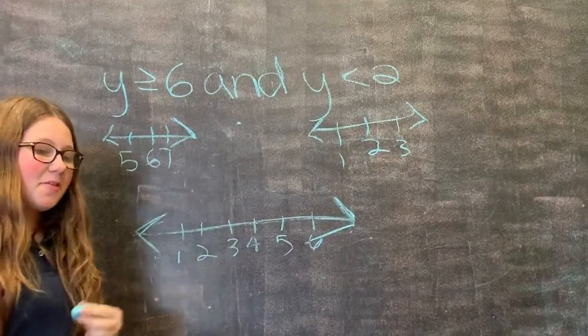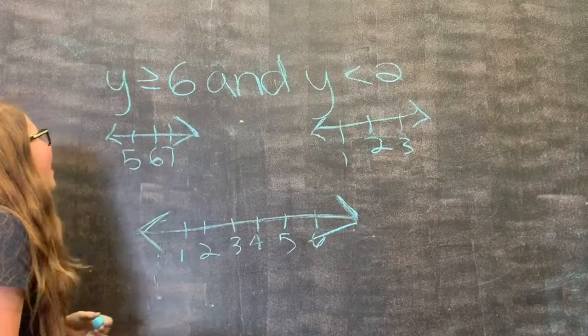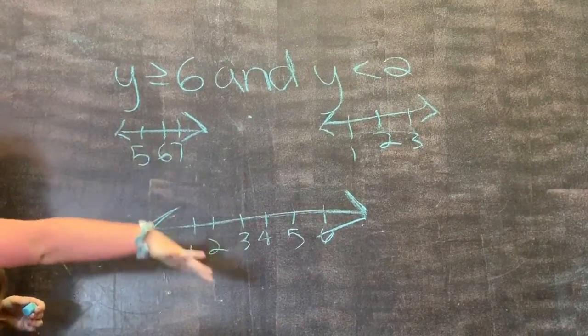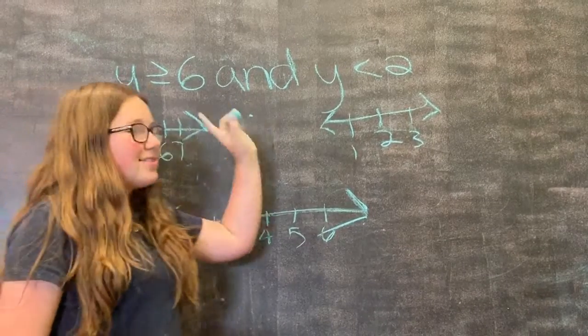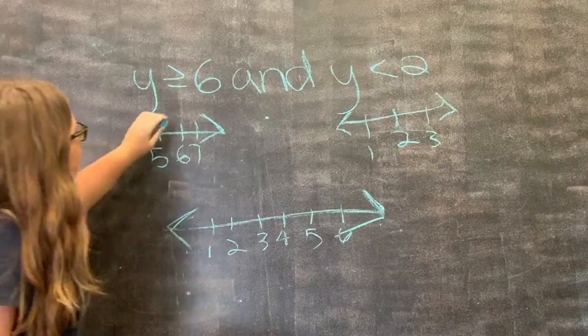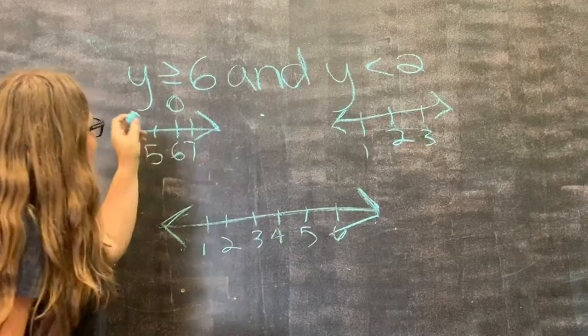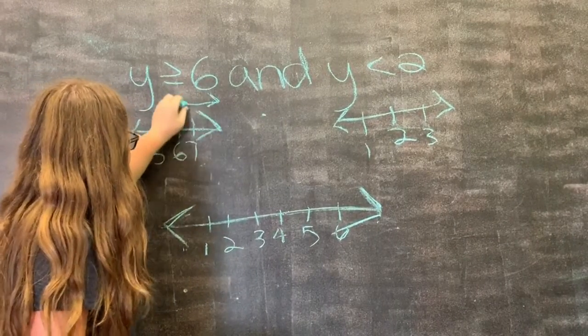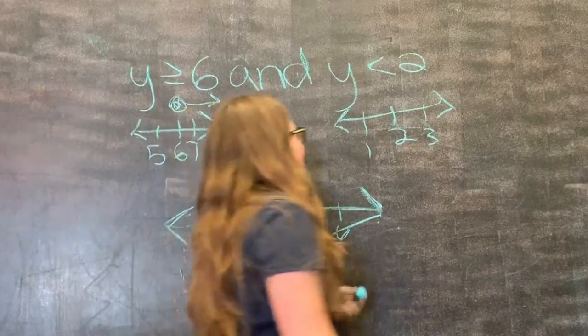So next we have our third special case, and it's y is greater than or equal to 6, and y is less than 2. And it has to satisfy both of these equations. So first, we would graph out our inequalities, like usual.